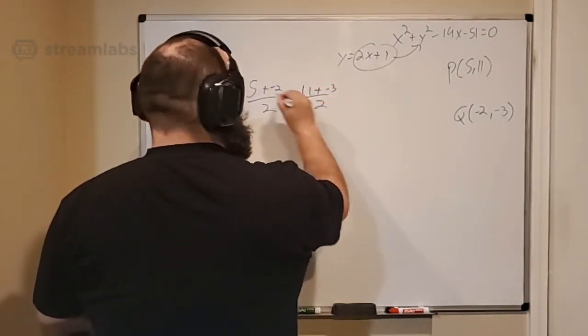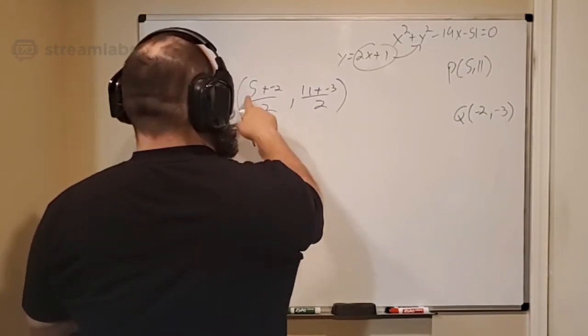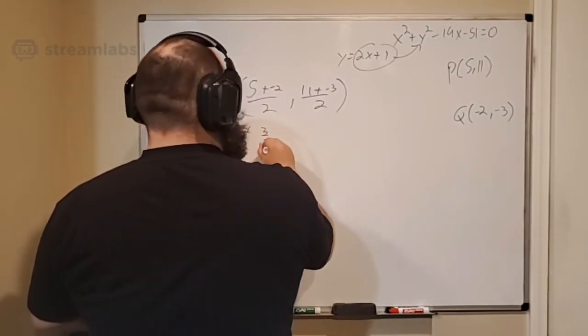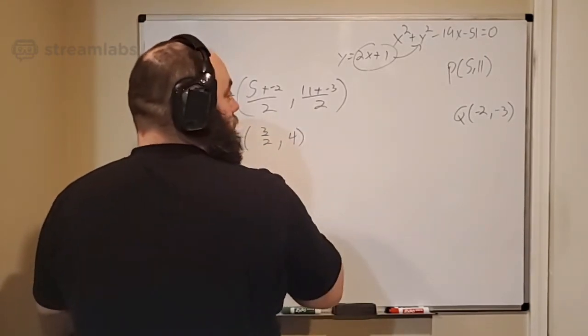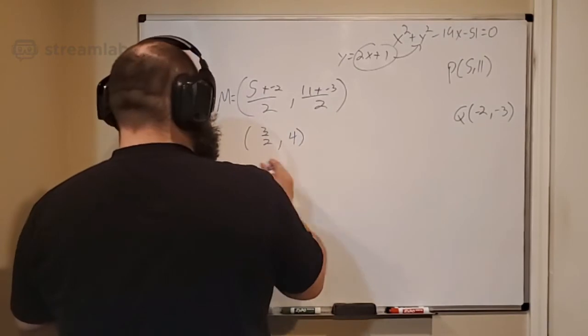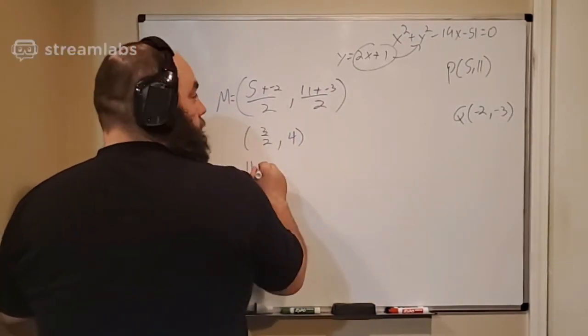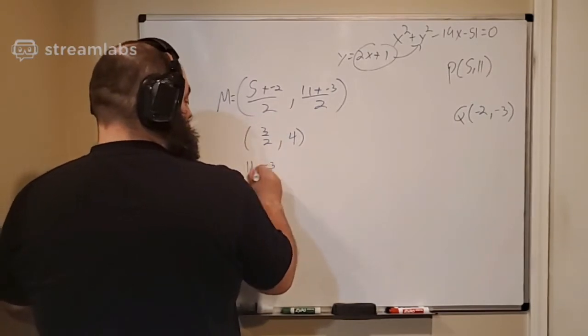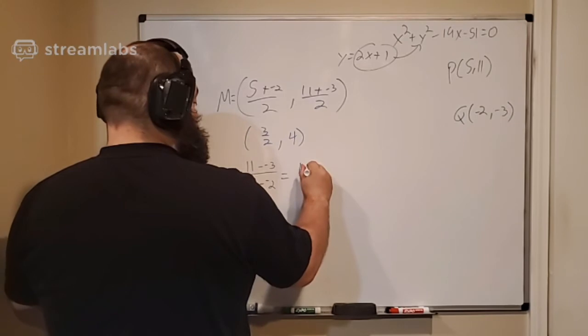So I'm going to call that M. So I get 3 halves and 4. I also need the slope, so little m is equal to (11 minus negative 3) over (5 minus negative 2), 14 over 7, so the slope is 2.